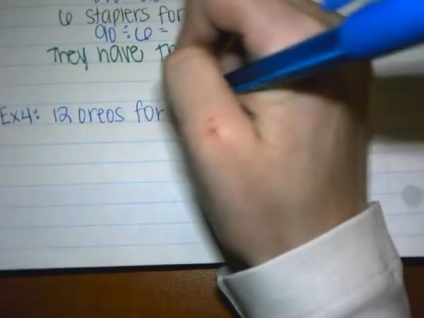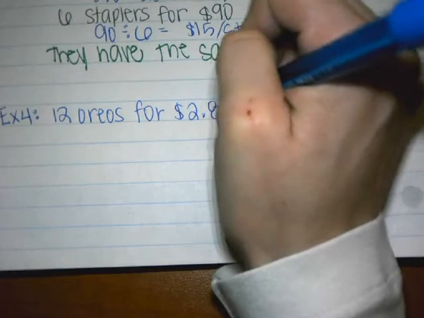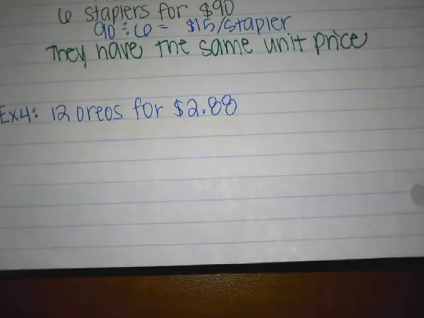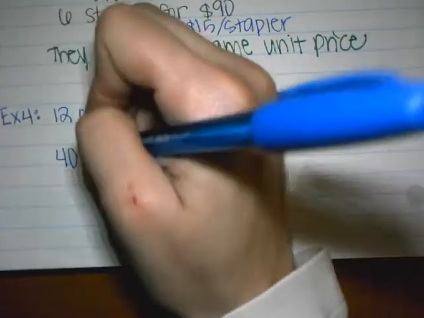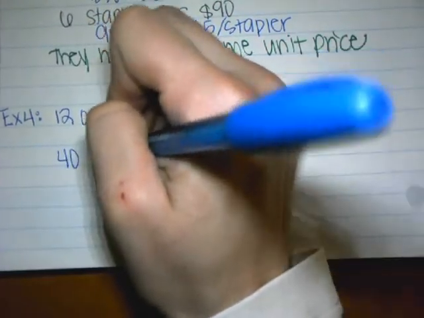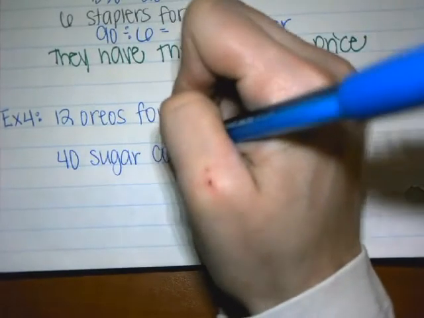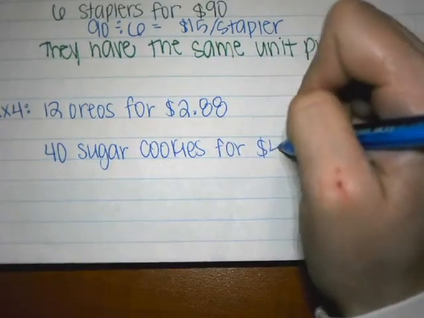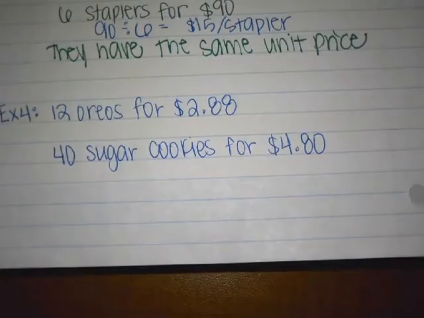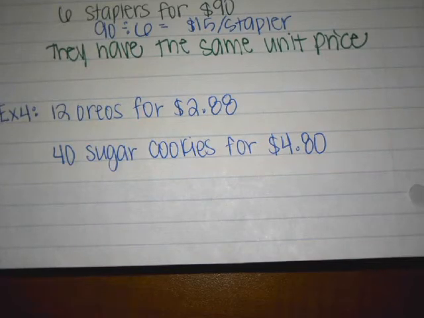What if you could buy 12 Oreos for $2.88, or you could buy 40 sugar cookies for $4.80? I want to know which one is the better deal. Which one's the better buy? Everyone do that on your papers for me, please, and thank you.